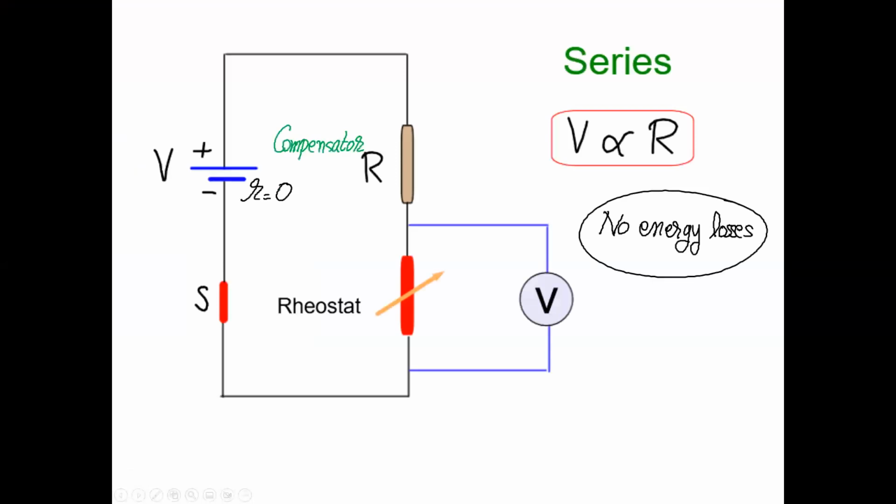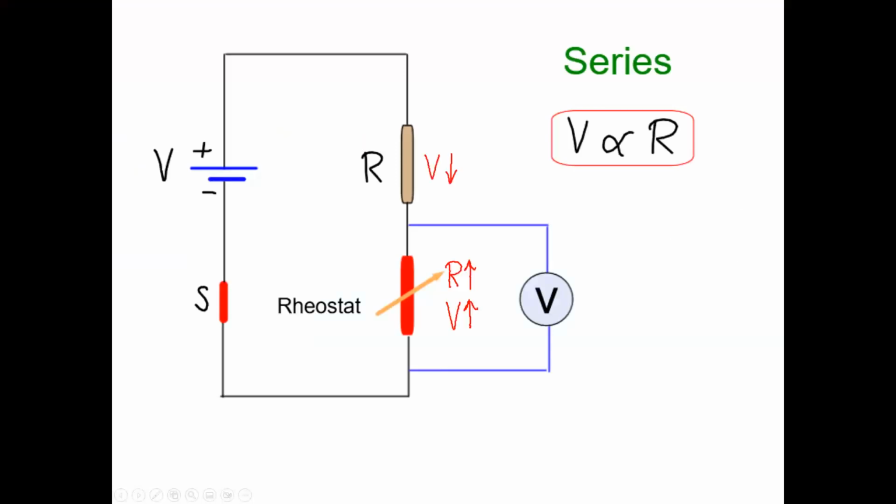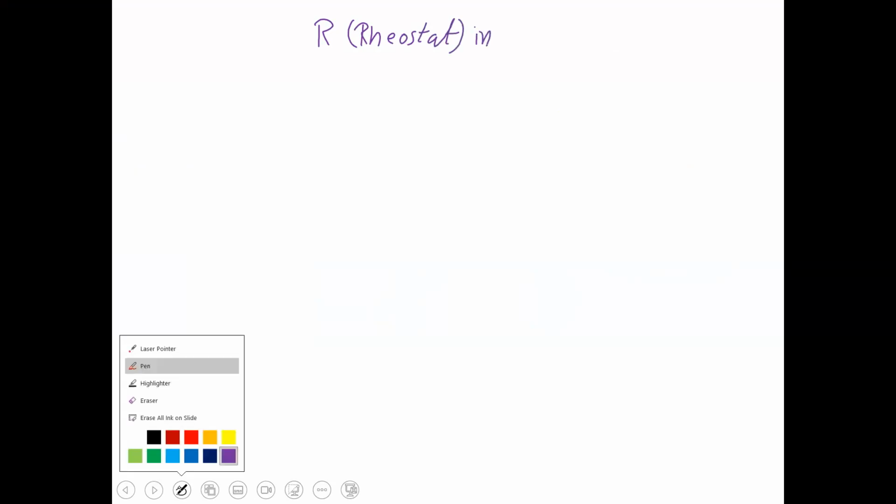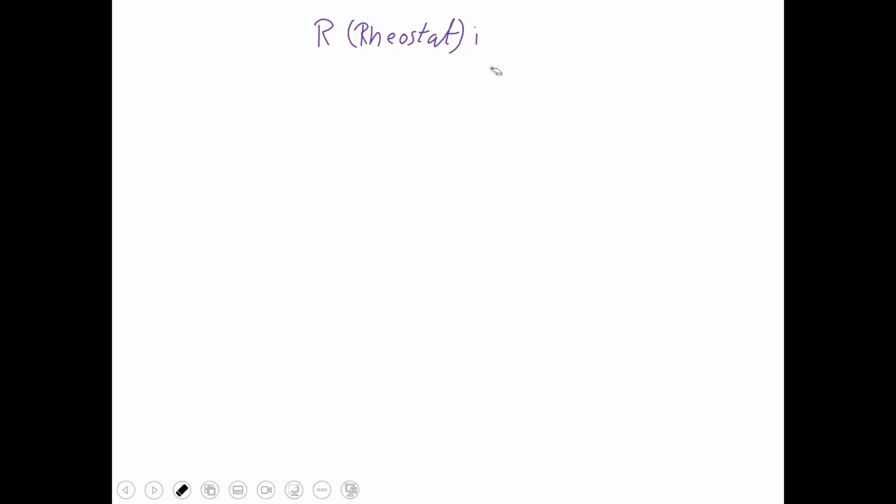Now let's talk about this function, that when resistance increases, voltage increases. So we have to make a concept map here. The resistance of the rheostat is increased. We have increased the resistance.